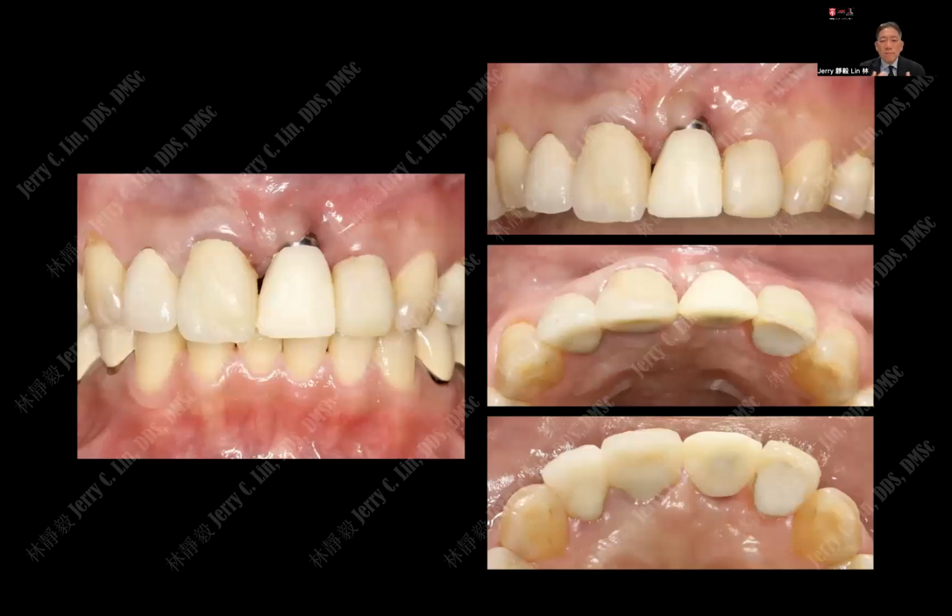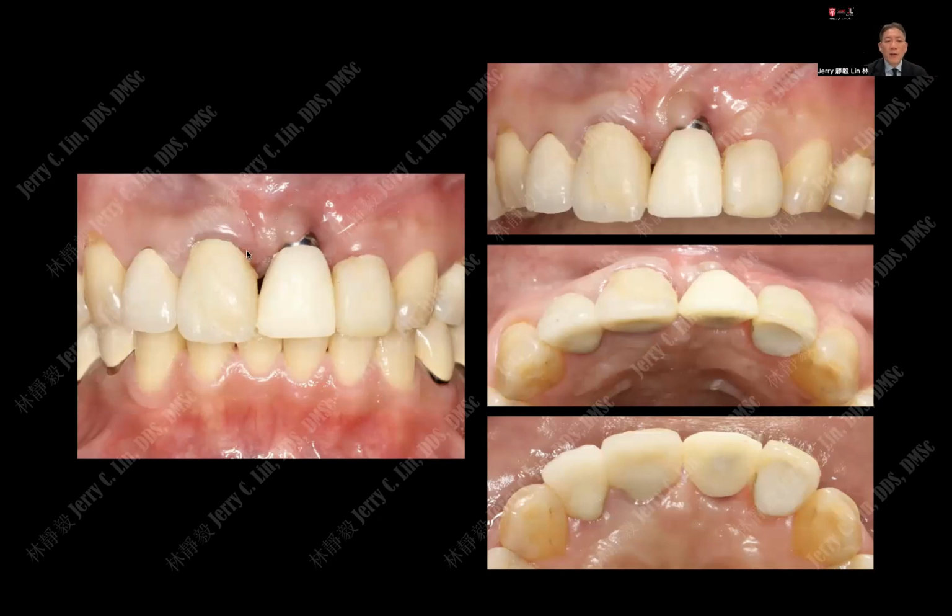So for this particular case, the patient came in with this problem. The patient had the implant placed, however, when the dentist gave her the provisional, she got freaked out because she couldn't accept the result that would have the metal showing up buccally, even though the dentist told her that the metal would be changed to zirconia at the end.